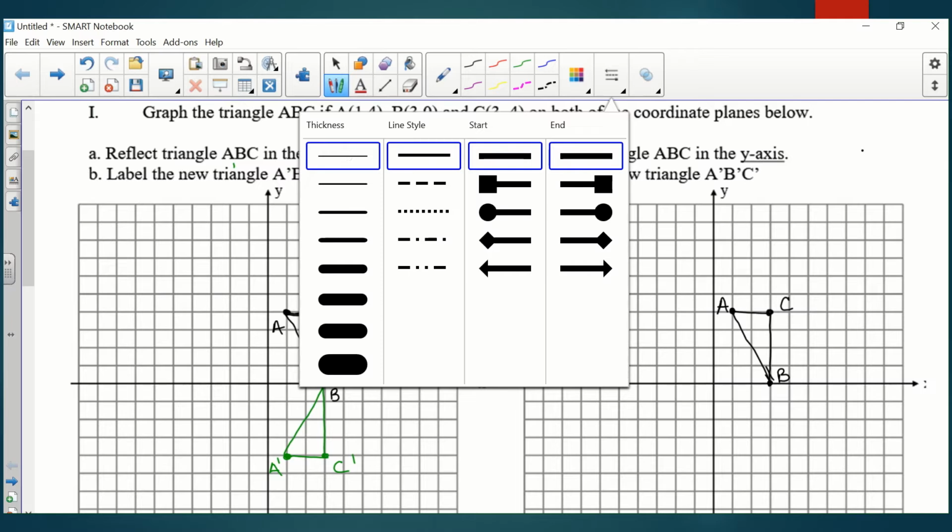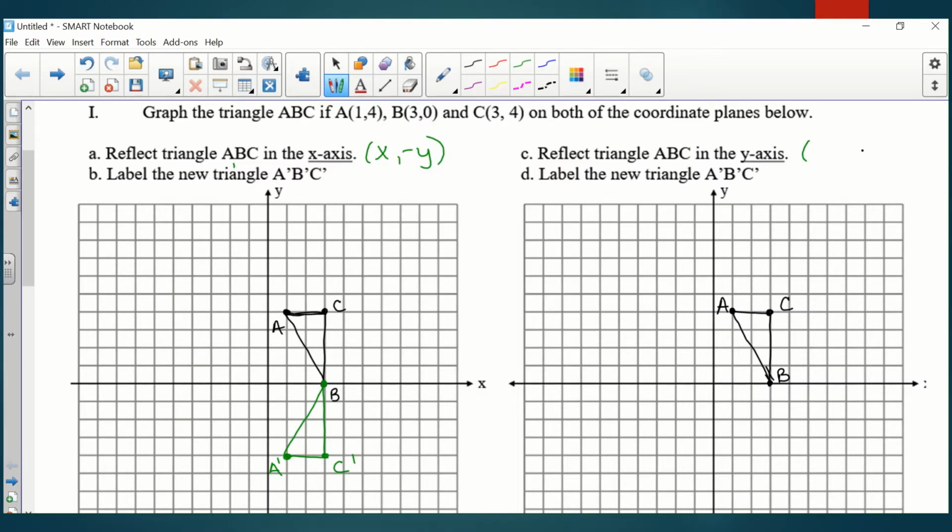For this, remember our y value stays the same, but our x value is going to negate this time. All right, so looking at A, if our x value negates, that gives us negative 1, and our y value stays the same at 4. So here's A prime. Our B value, our x value negates, so we're going to go negative 3, 0.